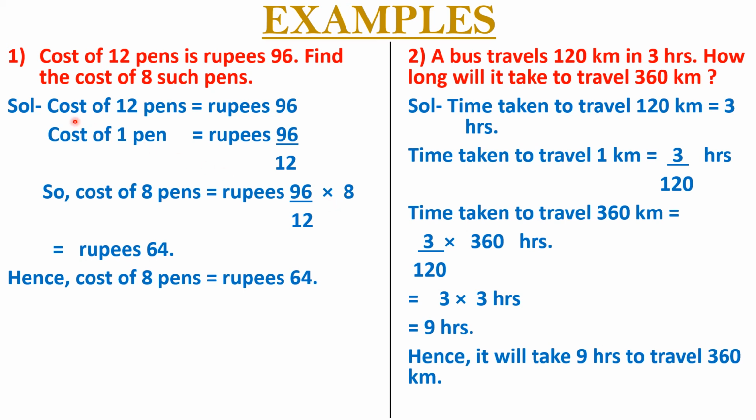So start by writing the statements as cost of 12 pens equals 96 rupees. Now find the cost of 1 pen, which is equal to 96 divided by 12. Now multiply the cost of 1 pen by the required number of pens, 8. So cost of 8 pens equals 96 by 12 multiplied by 8, which is equal to 64. Hence the cost of 8 pens equals 64 rupees.